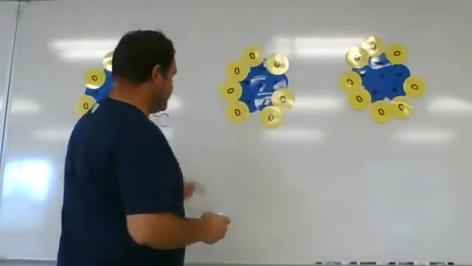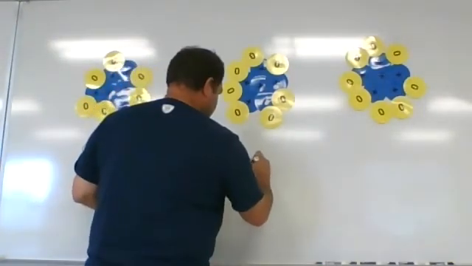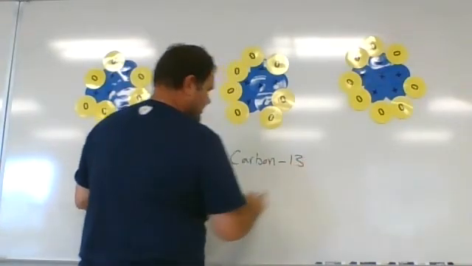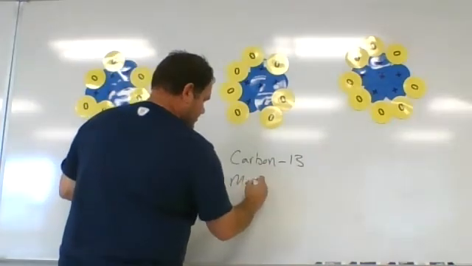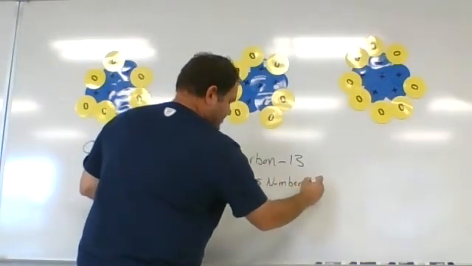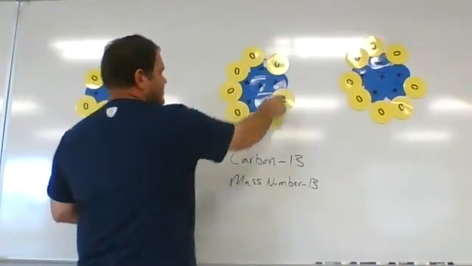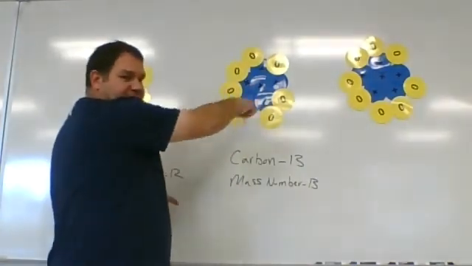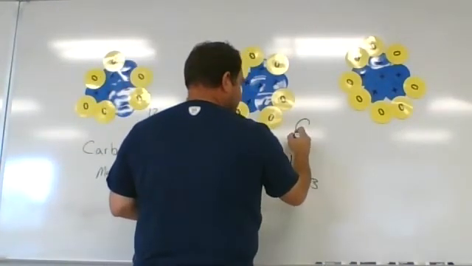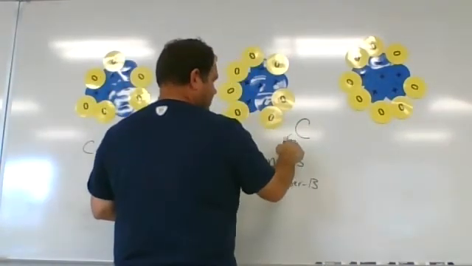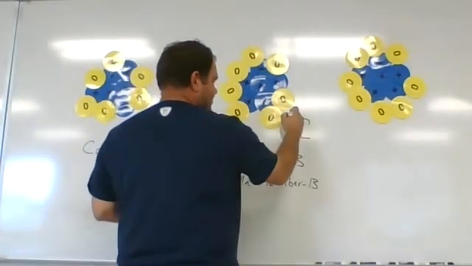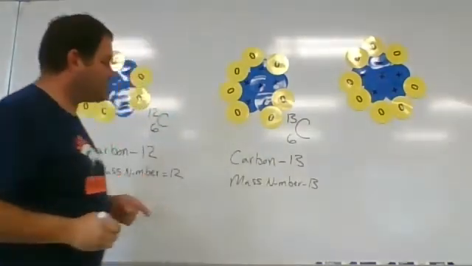For this isotope, this would be carbon hyphen 13, with a mass number of 13 because of the total number of particles in the nucleus when we add them up. Symbolically, we'd write this as carbon, 6 protons, so the atomic number, and the mass number up there in that corner.